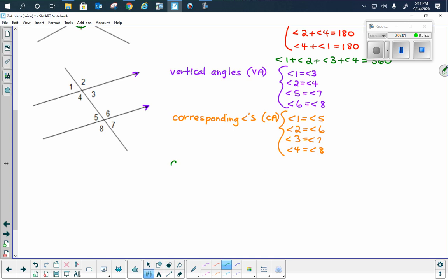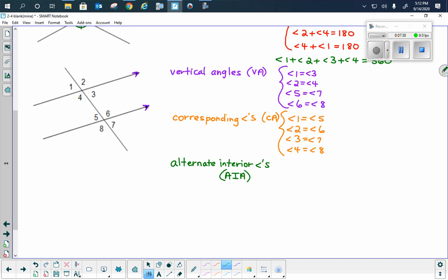Okay, how about alternate interior angles? So AI. Alrighty, well, let's see. Alternate interior angles. And maybe just for room so I can get them lined up, we also said that we would call that AIA. So whichever. Here we go.